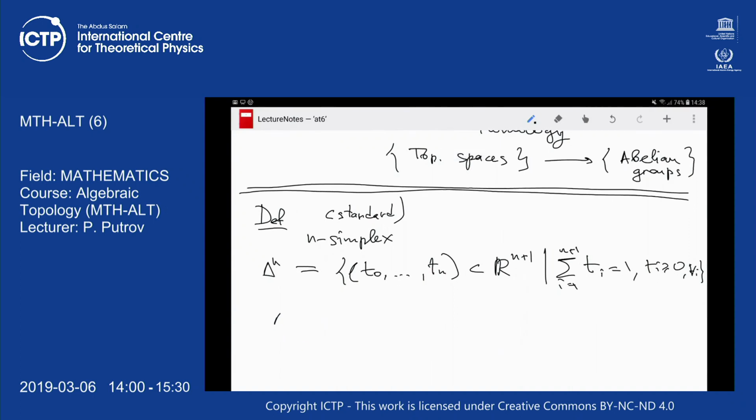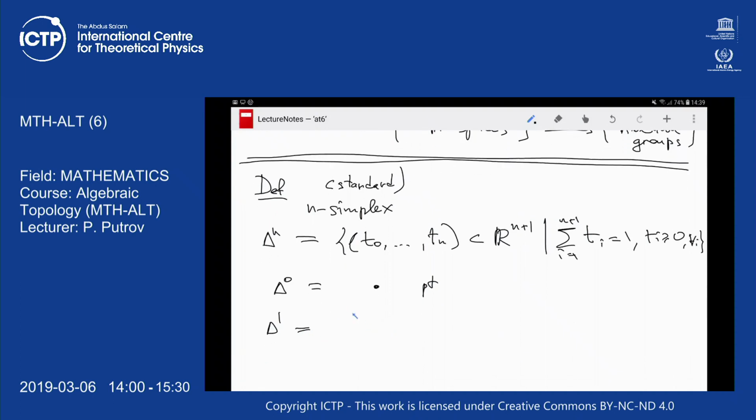So what are the examples for small indices? Delta 0 is a subspace of R1 with the condition that the single coordinate t is 1, so it's just a point. Delta 1 is a subspace in R2, which is the following interval.